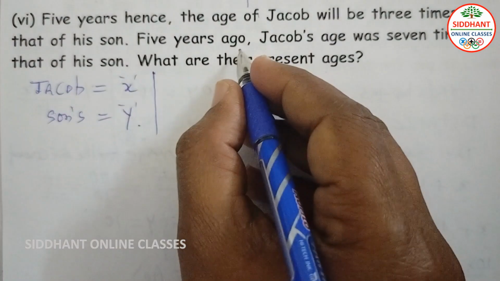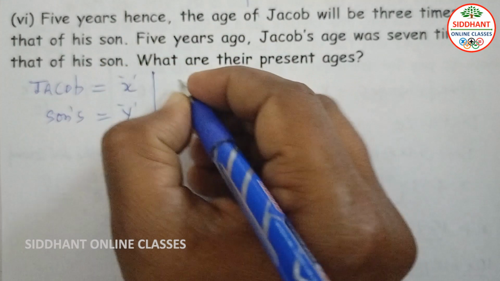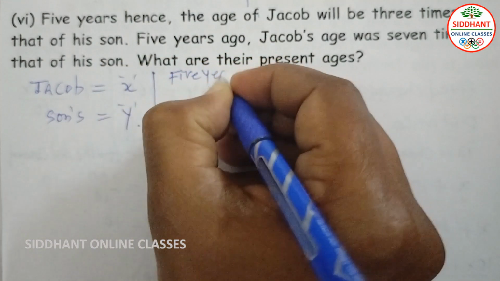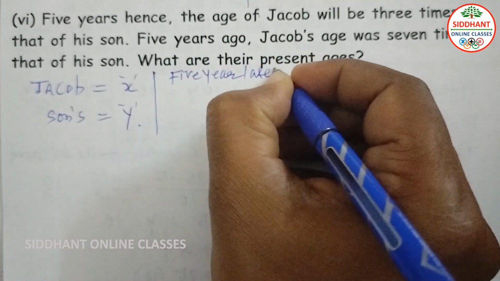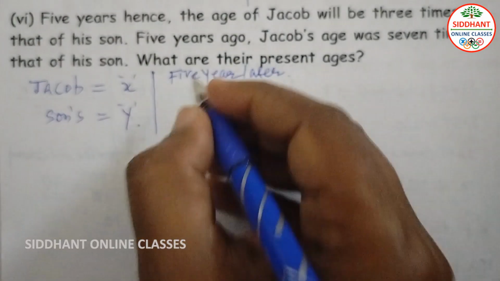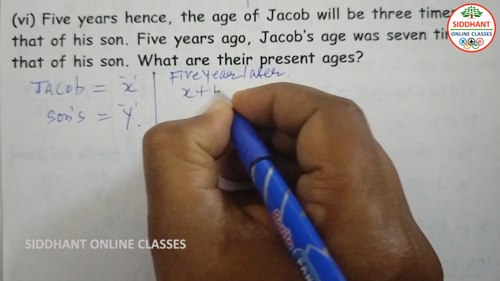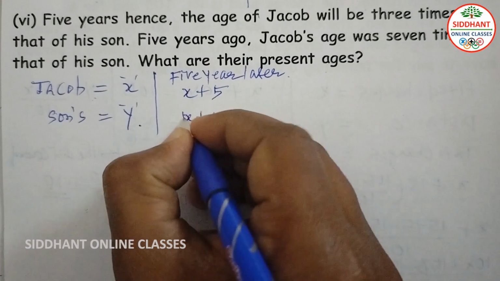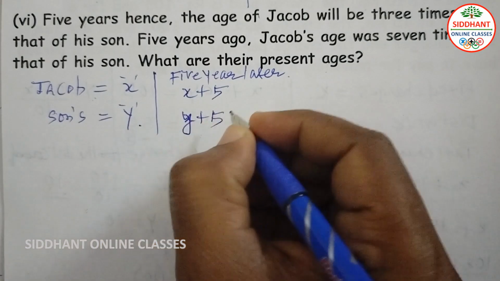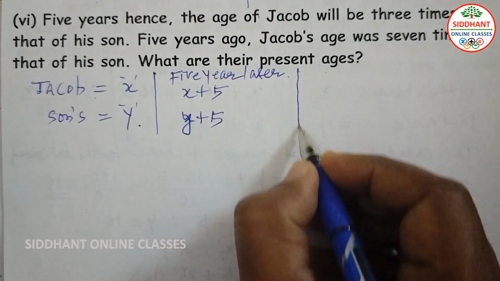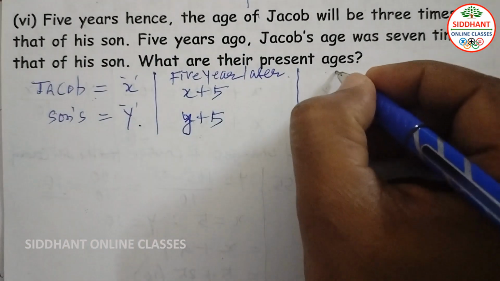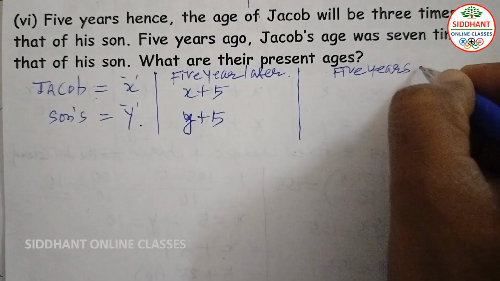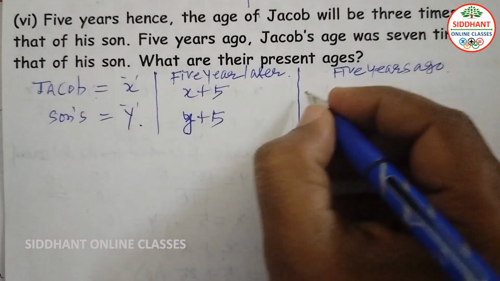So now 5 years later, you are going to see, the age of Jacob will be x plus 5 and age of son will be y plus 5 here. And another condition is given 5 years ago. That means back we are going to see.